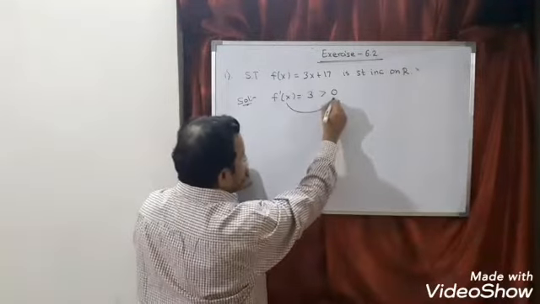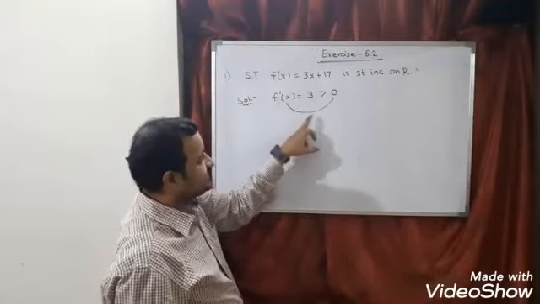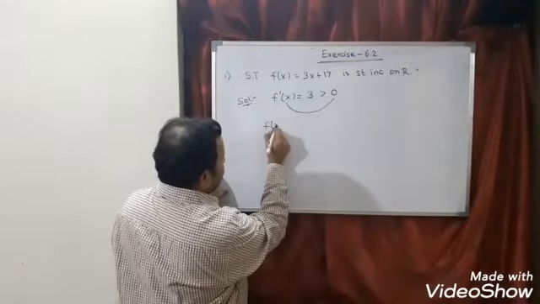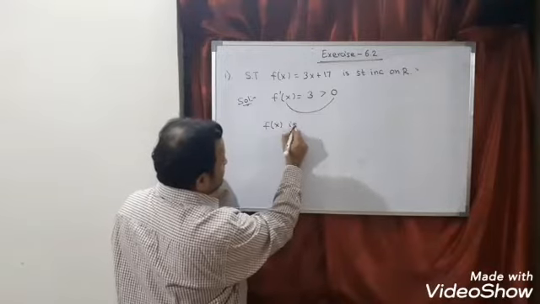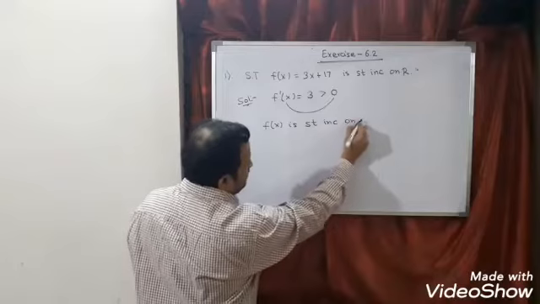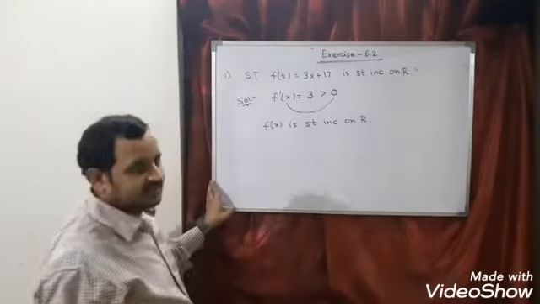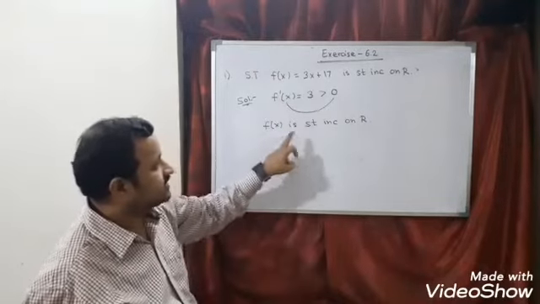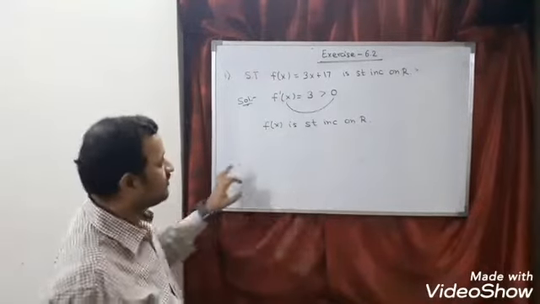This is the condition for what? This is the condition for increasing. So here I can say f of x is strictly increasing on R. I think it is clear. Since f dash x is greater than 0, the function is strictly increasing on R.